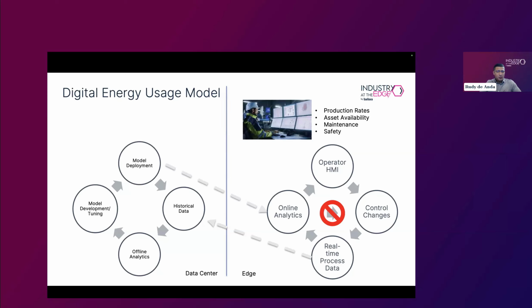For example, production rates. Sometimes producing a little slower is a little more efficient. However, we had production rates we needed to make, or asset availability. Hey, maybe the asset that's more efficient wasn't available due to maintenance, or maybe there were safety concerns or different issues that we still needed a human operator in the middle.